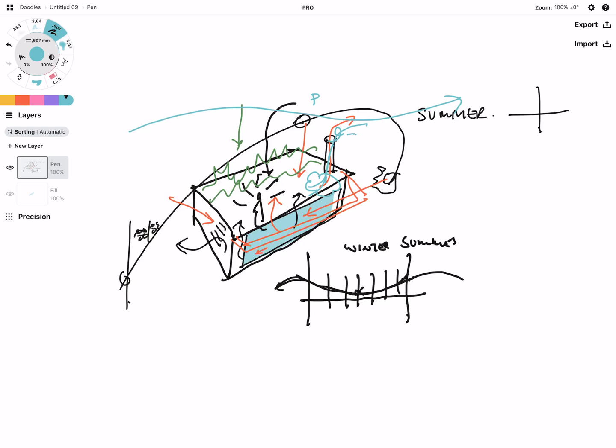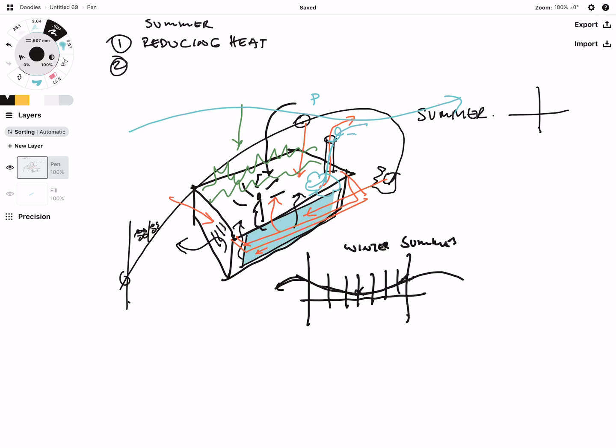So a vertical kind of chimney works really well. That is strategy number 1, which deals with reducing heat. This is a summer strategy.